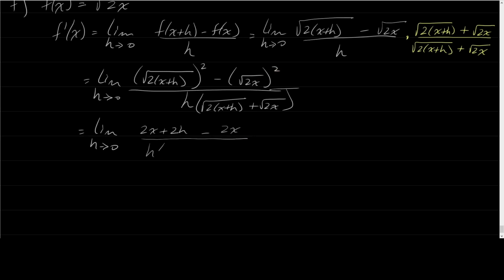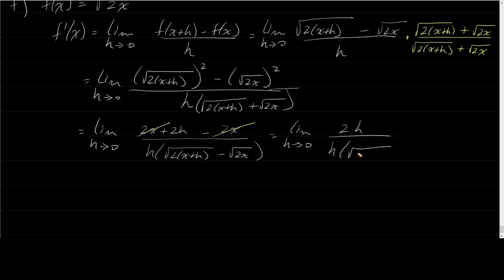All of this over h times the square root of 2 times (x plus h) plus the square root of 2x. At this point in the numerator, you'll notice that the 2x's cancel out. 2x minus 2x is 0. So what are we left with? Well, we're left with just stuff that contains h in the numerator. And let me just finish copying down this denominator.